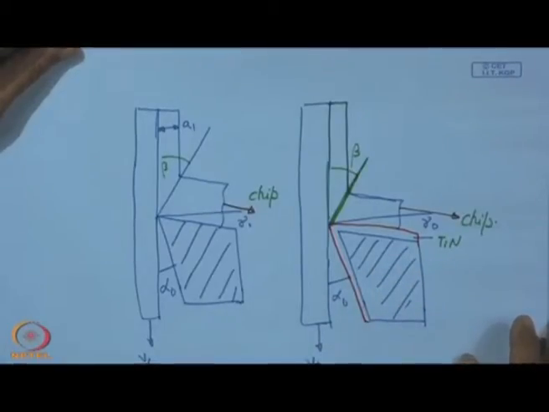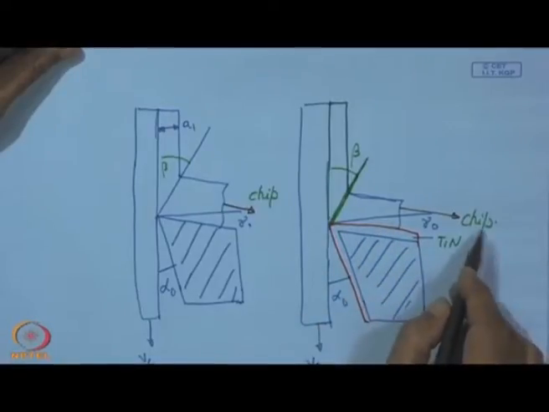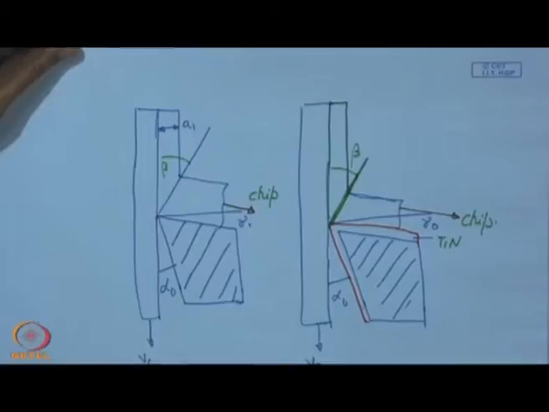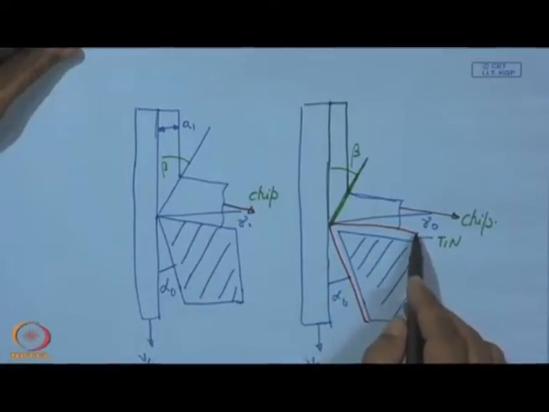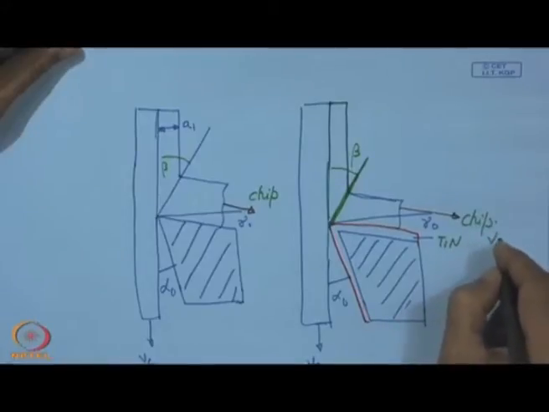Now, here one can put this question, what is the role of this coating? Now, the role of this coating will be, this is high speed movement of the chip. So, it was velocity Vc with which it was approaching the tool, then the motion was diverted by this angle of pi by 2 minus gamma o. So, that is the diversion, and with this diversion it is now moving with a velocity Vf, that is the velocity of the chip.